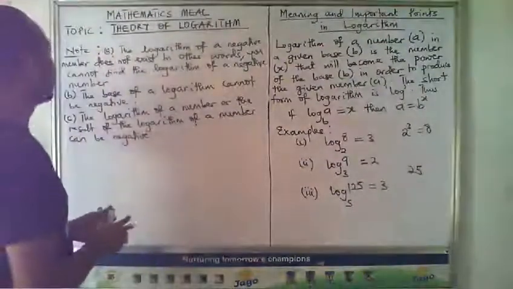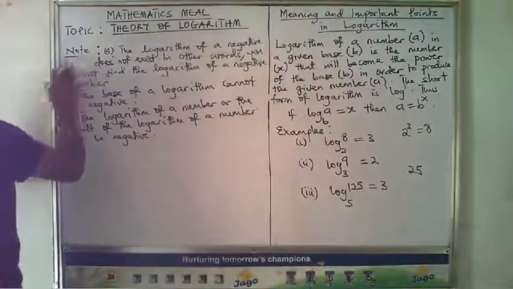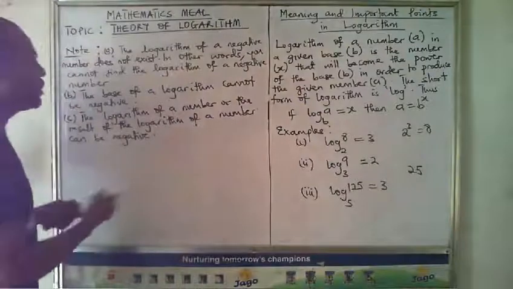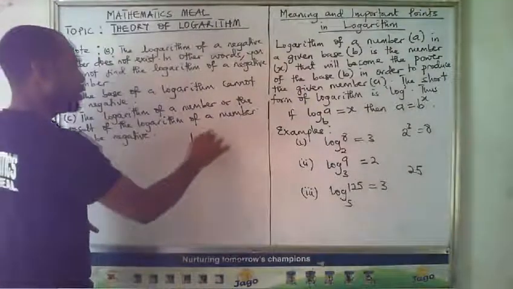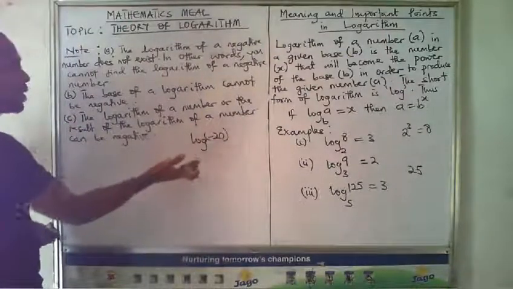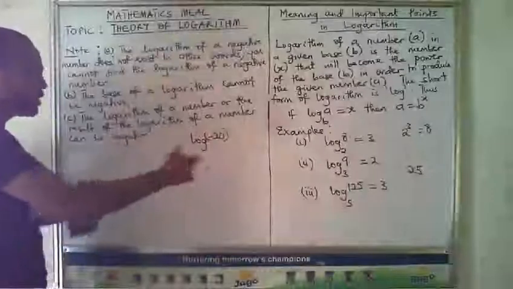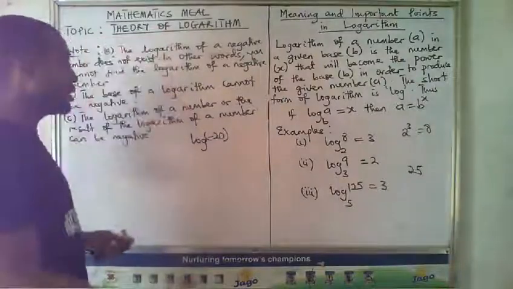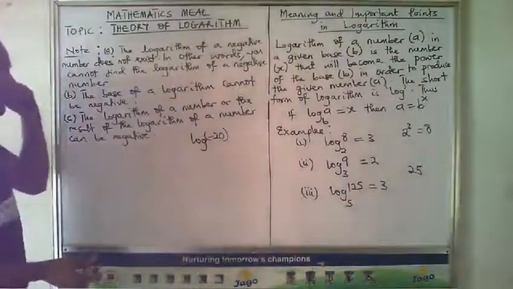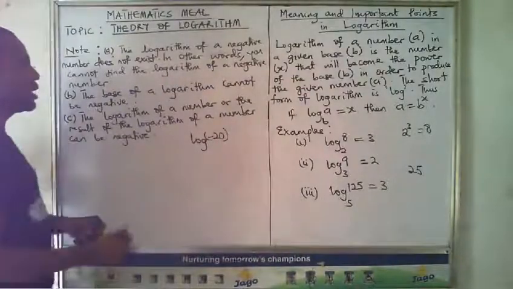The logarithm of a negative number does not exist. That means we cannot have log minus 20. You cannot find logarithm of a negative number. So logarithm of minus 20 cannot exist. So if you press it in your calculator, you're going to have an error. You just have error. So logarithm of a negative number does not exist.